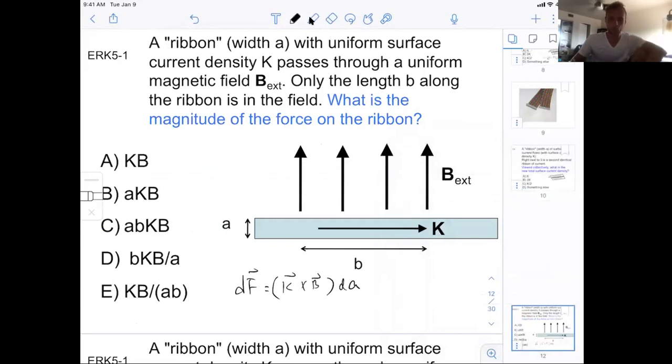Okay, so let you guys go ahead and vote. Now dA means area, okay?